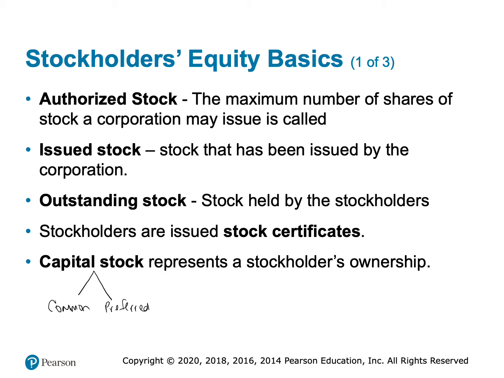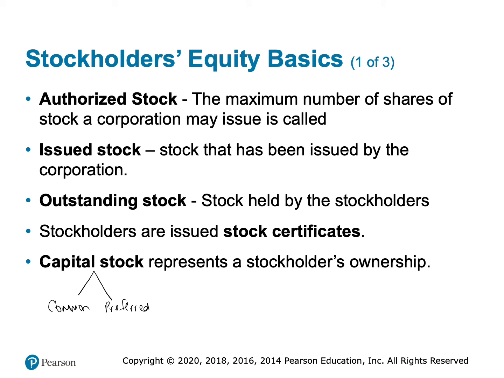Now, when you become a corporation, the first thing you're going to do is sell some of the stock. But you're not going to sell all of the stock. You're going to start out just selling a little bit of stock. So the amount of stock that you have sold so far is the issued stock. That's the stock that has been issued, it has been sold, it is out there in the world. The authorized stock is the maximum that you can list, but issued is what you've actually issued so far.